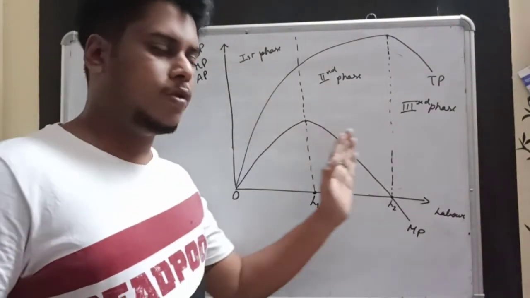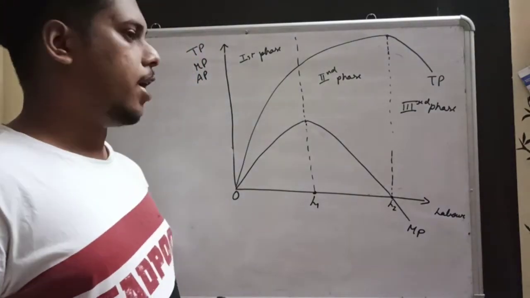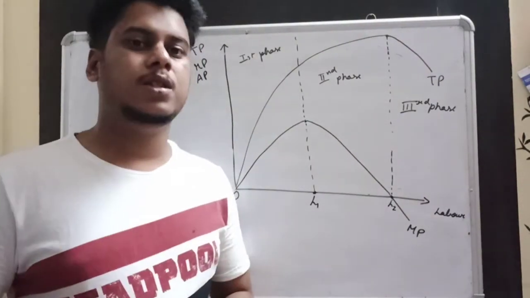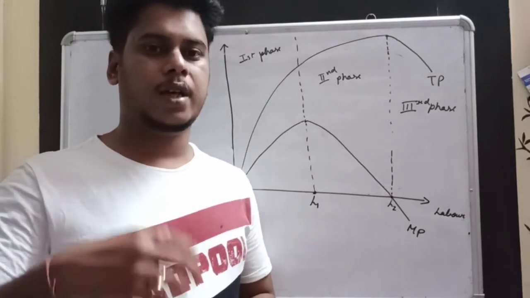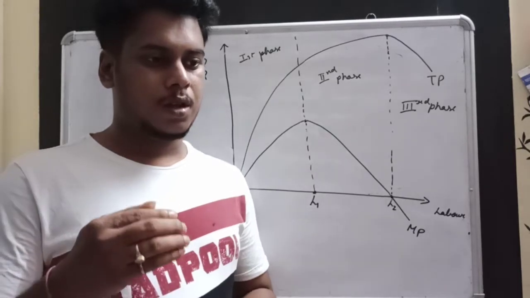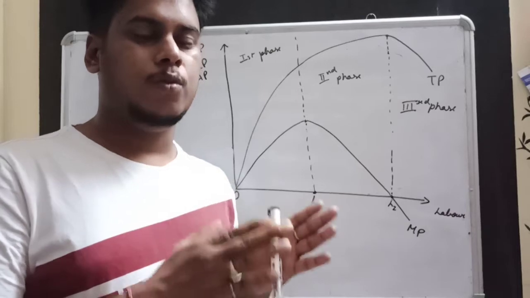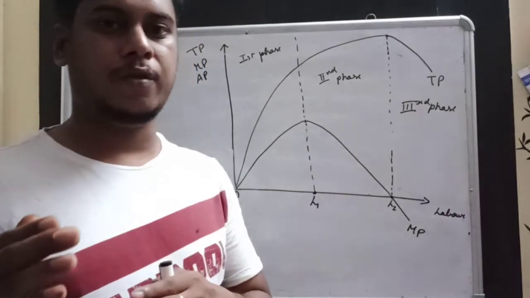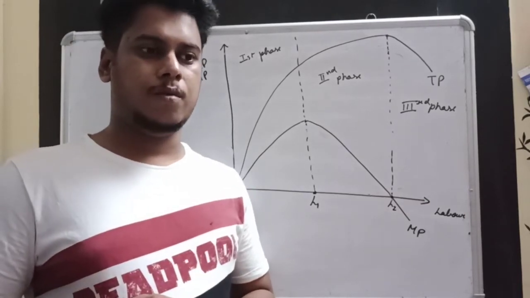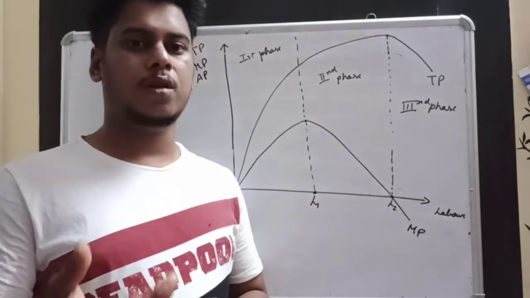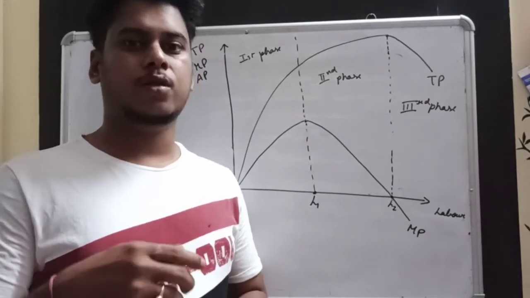As we gradually move on and keep on adding the labors, the number of labors gets accumulated and the machines start getting depreciated, and as the number of labors gets accumulated, the ratio between the fixed and the variable factor starts moving away from your beneficial point, or starts going against your favor.